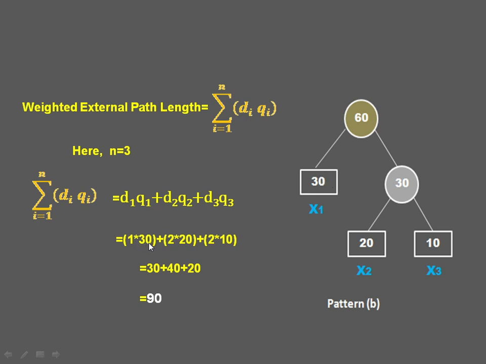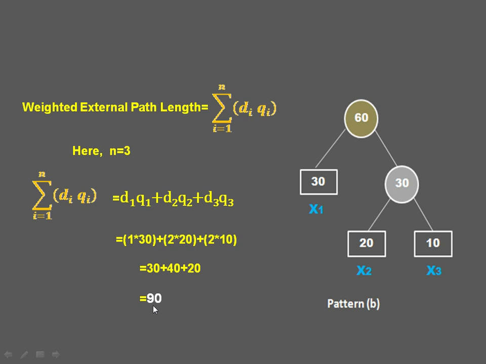So 1 into 30, plus d2 into q2: the distance from the root node is 2, so 2 into 20, plus the distance from the root node, 2, into the length of x3, which is 10. If we calculate it, it will be 30 plus 40 plus 20, so it is 90.